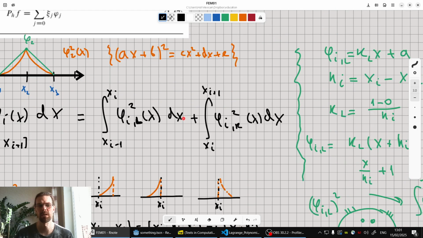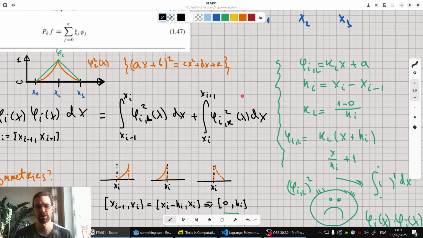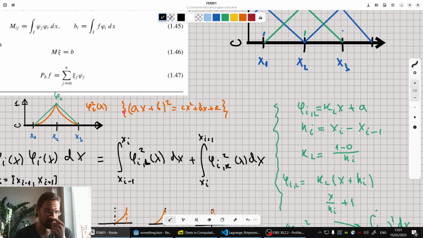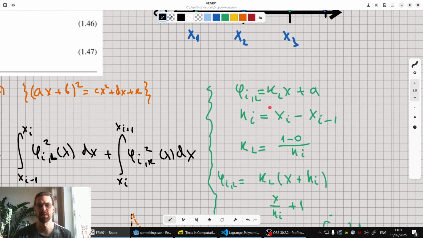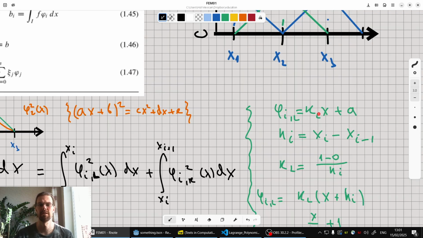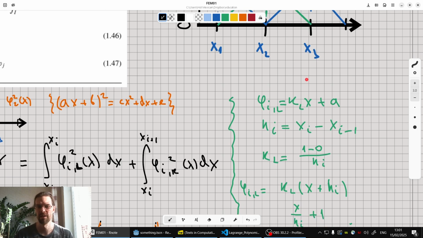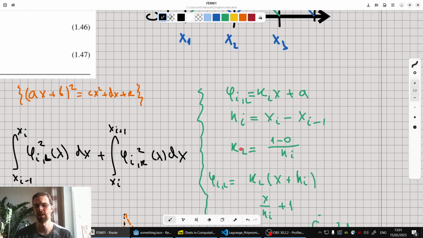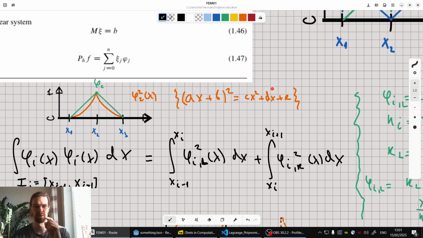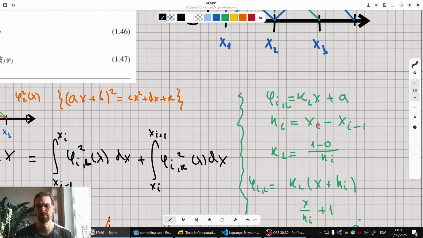And you start to think, okay, first I have to write these linear functions, and that means it will be some kind of slope times x plus offset. And you're starting, okay, I know the slope. Here the function reaches 1, and here is a distance h, which we define as follows.